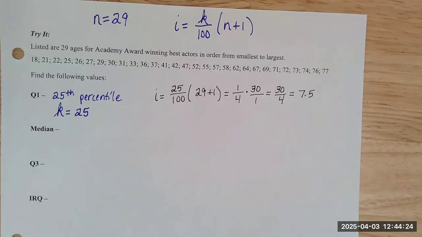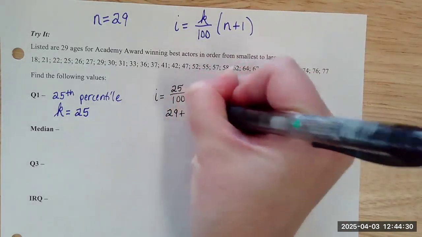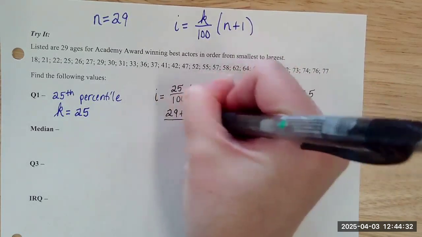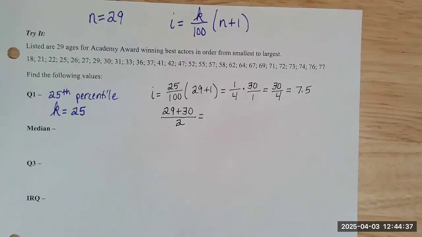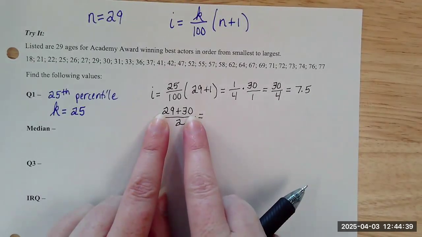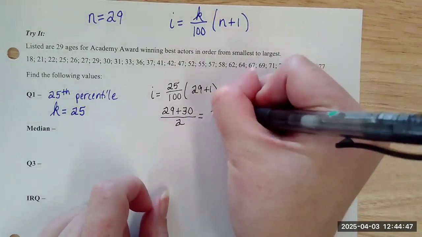So I'm going to take 29 plus 30, and I'm going to divide that in half. Now, I actually don't need a calculator for that because halfway between 29 and 30 should be 29.5. But if you put it into a calculator, I promise you'll get 29.5 out.